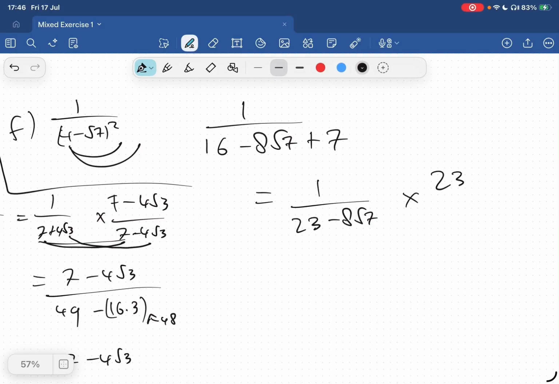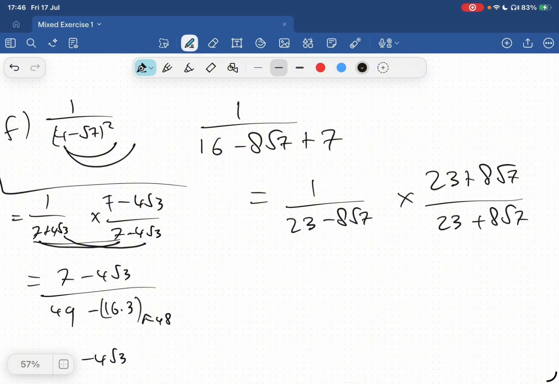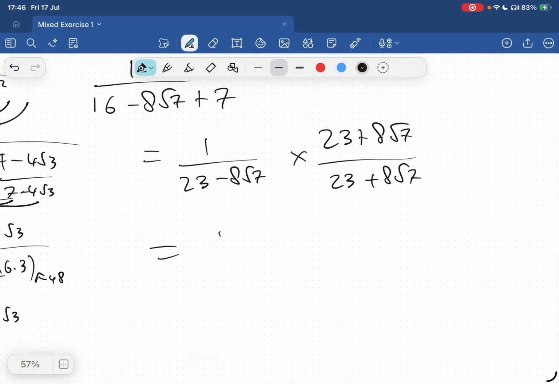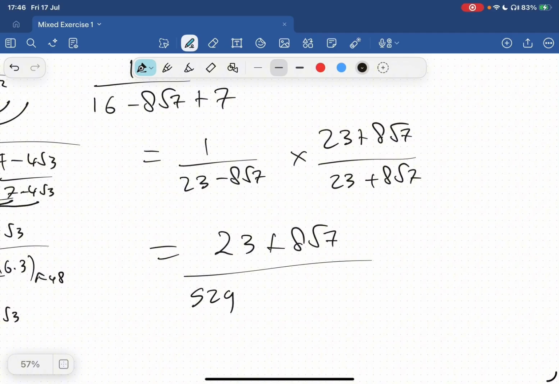Okay, now we're timesing top and bottom by the opposite again. And let's see what this gives us. So we've got 23 plus 8 root 7 over 23 times 23, which is 529. And then the plus and the minus cancels again. So we get negative 64 lots times 7.